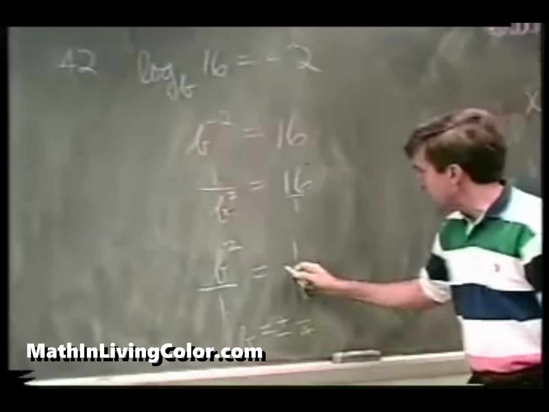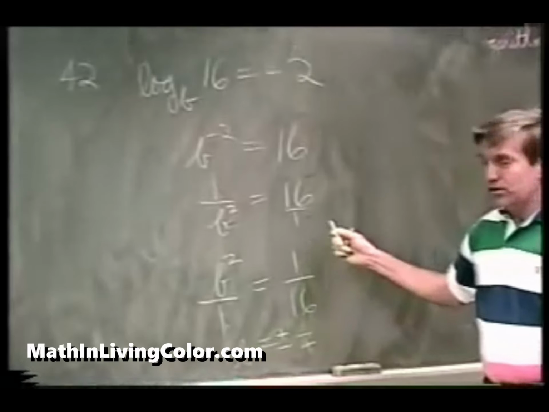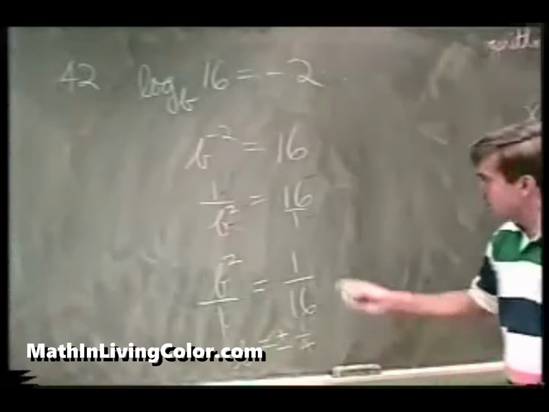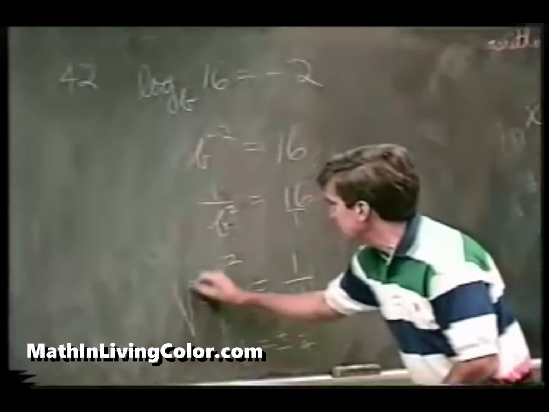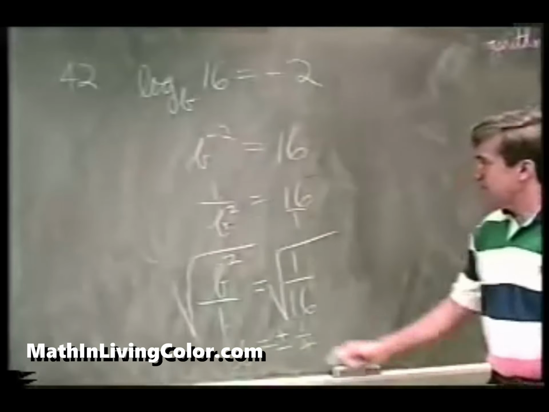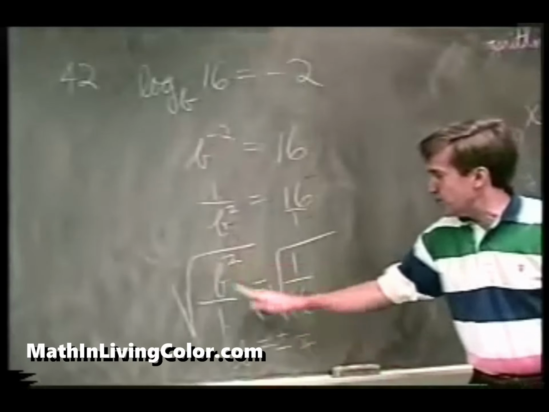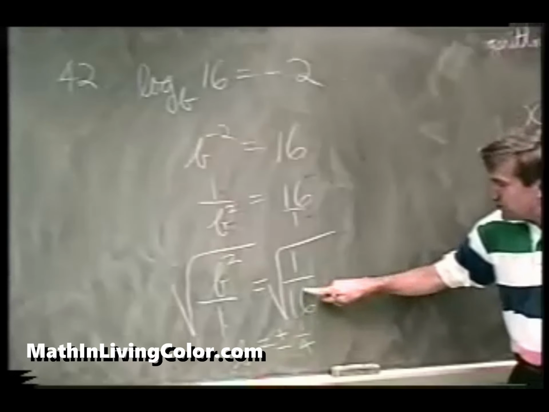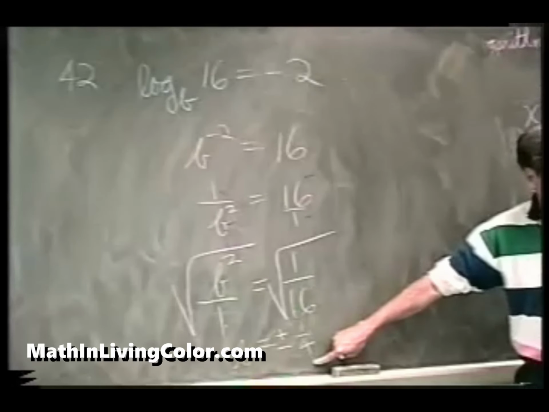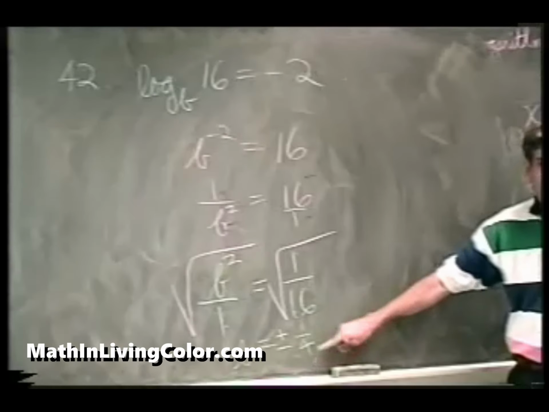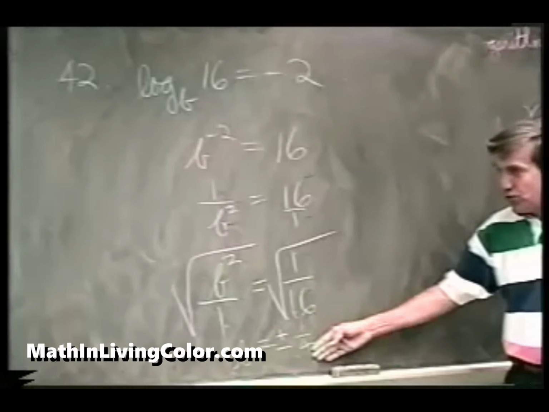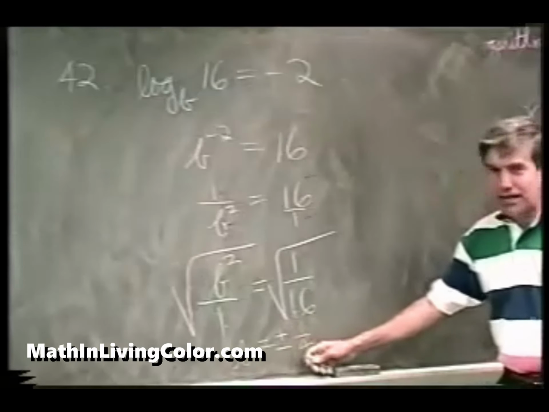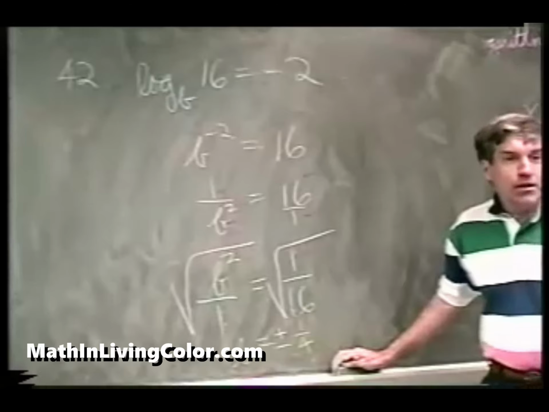Plus or minus the square root of 1/16, which is plus or minus 1/4. The square root of b squared would be b, the square root of 1 is 1, and the square root of 16 is 4. But the thing that is bothersome here is there's a plus or minus that enters. Anytime you take the square root of both sides, you have to put plus or minus in there.